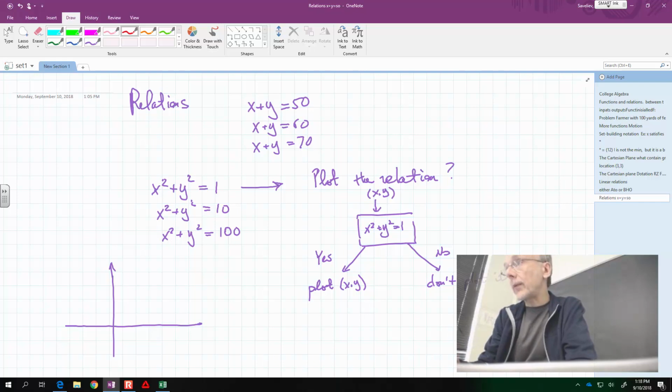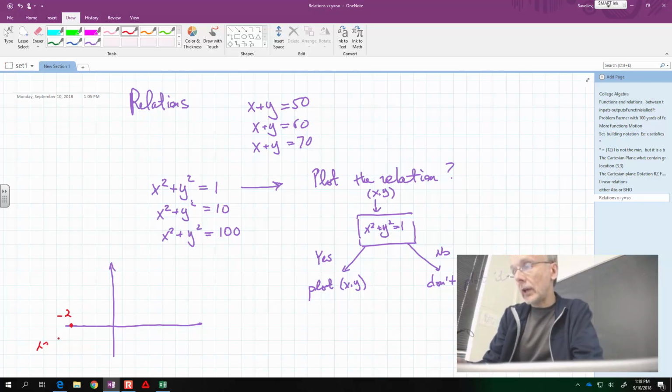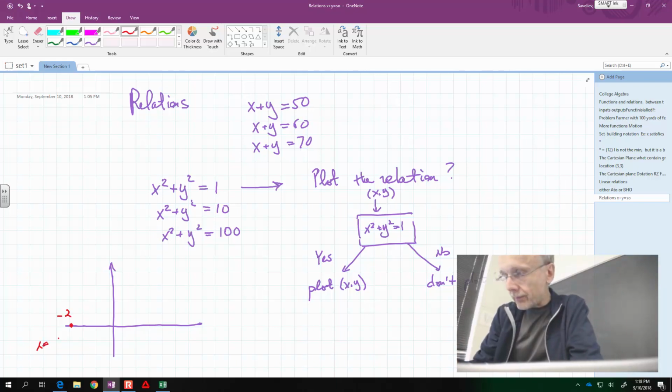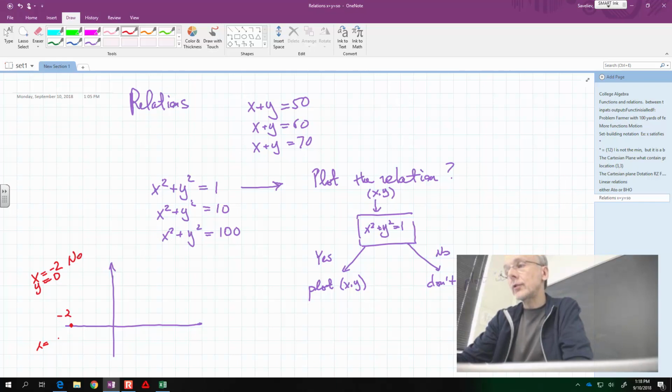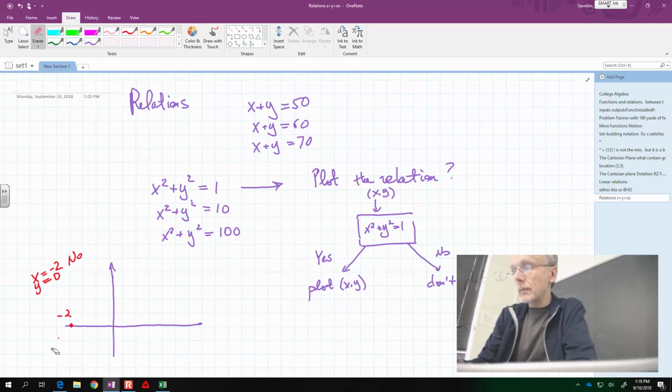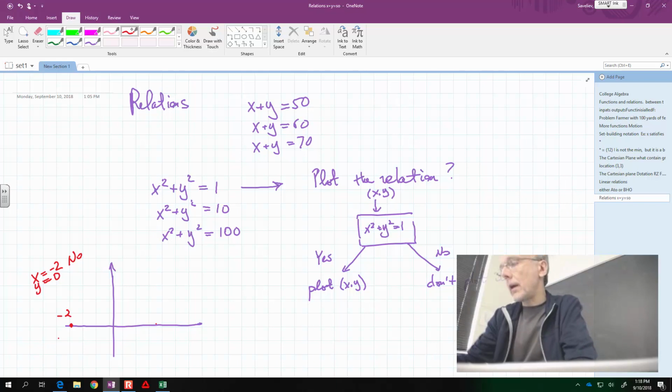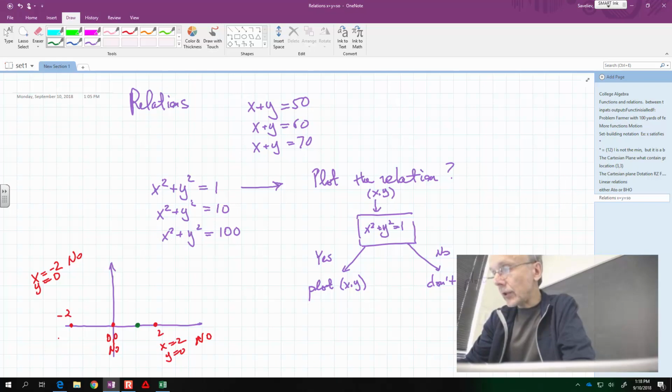For example, if I try -2 over here, x equal to -2, y equal 0, the answer is no. If I try 2, x equal 2, y equals 0, once again, no. 0, 0, once again, no. But if I take 1, 0, then it is a yes. x is 1, y equals 0, so it is a yes.